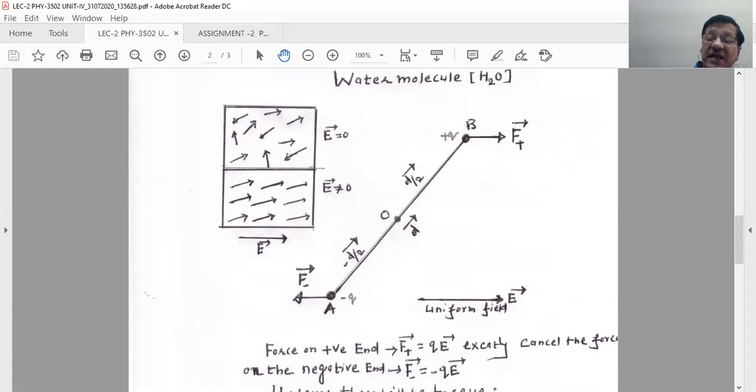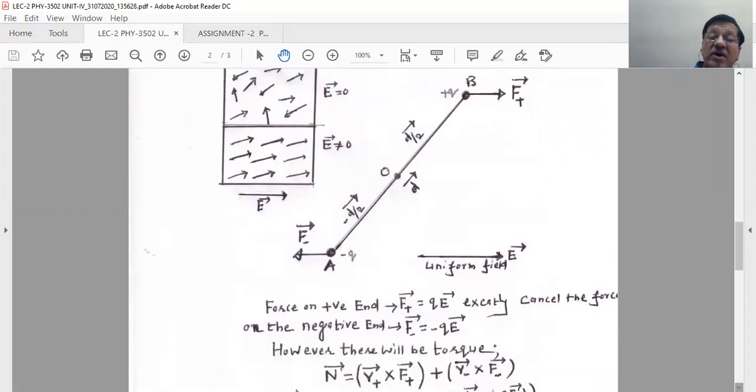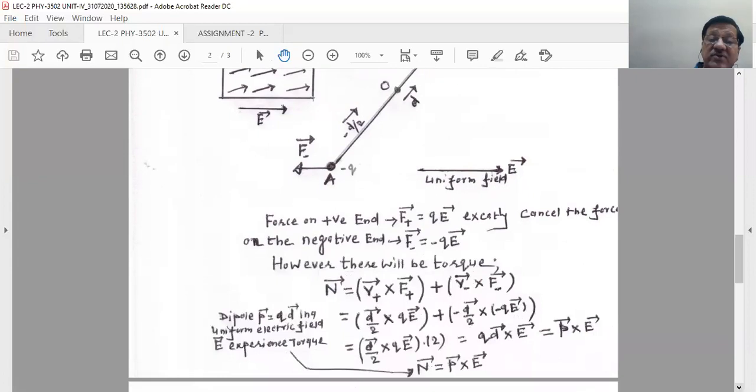So you see I write down the torque experienced by the dipole here. R plus cross the force acting on the positive charge. Torque is basically R cross F. So to write R cross F, R basically is D by 2, so I write R plus.